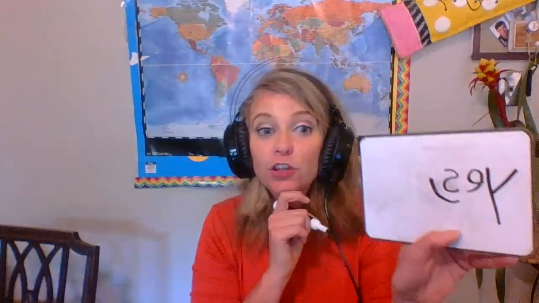Okay, when would you use a comma? Okay, when you have yes or no at the beginning of a sentence, you add a comma after the word yes or no at the beginning of a sentence. You'd put yes, comma, or no, comma.